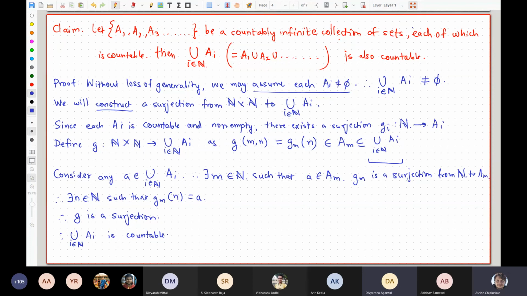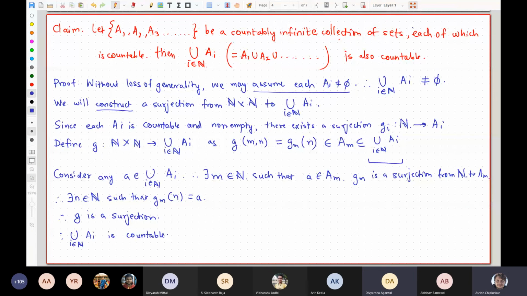If you were to create an injection from the union of A_i's to N cross N, the first step would probably be to remove from each A_i all elements which belong to the previous A_j's, so that it becomes a disjoint union, and then you have a well-defined injection. But I avoided all these complications by designing the surjection, to make the proof simple.